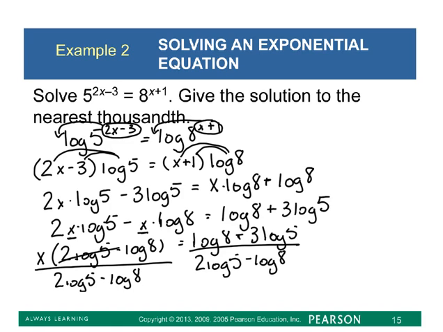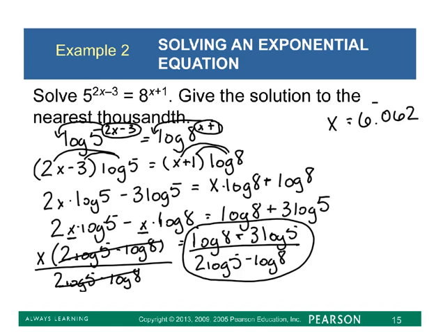Okay, and that cancels this out on this side, and we're left with x equals this right here. This is our exact solution, but we're asked to give the solution to the nearest thousandth. So x is equal to, let's see what my calculator says, 6.062. And we are done.